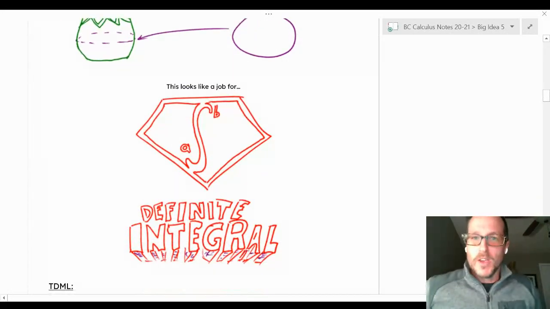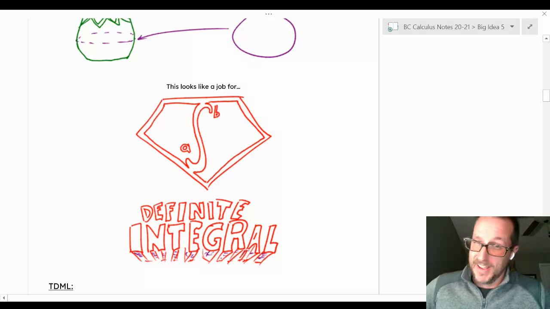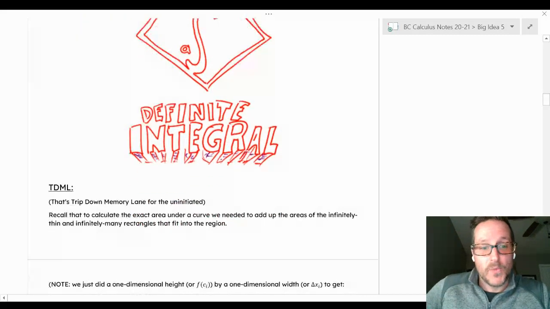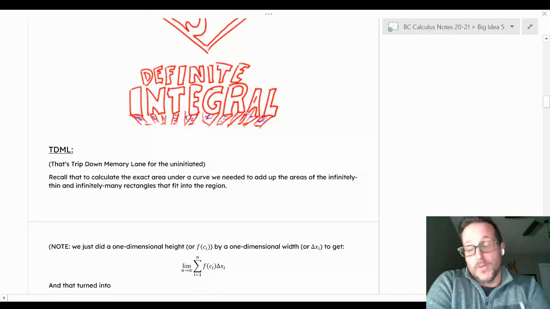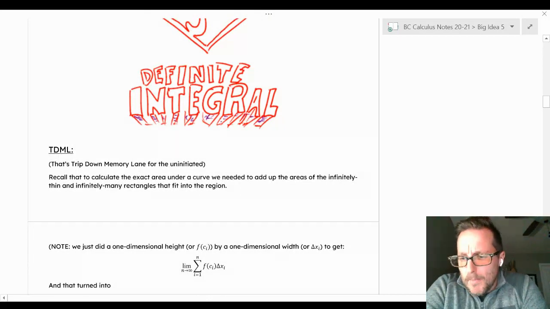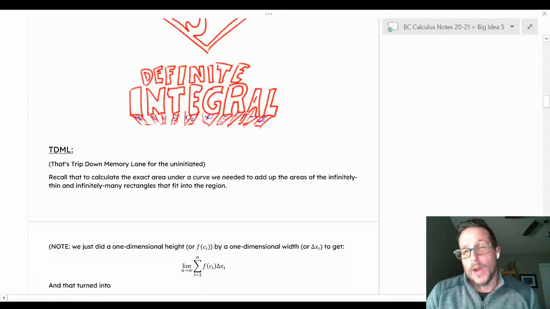That's right. You know it's coming. But how is it coming? Trip down memory lane for you. We found the value of a definite integral by adding up infinitely many, infinitely thin rectangles that fit inside of a region.